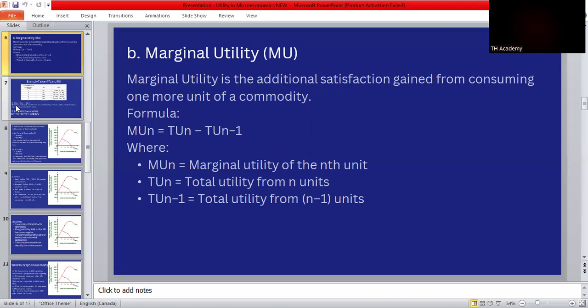We can calculate it using this formula, that is MUn = TUn - TUn-1, where MUn is the marginal utility of the nth unit and TUn is the total utility from consuming n units. Here TUn-1 is the total utility of consuming n-1 units. So in simple terms, marginal utility tells us how much extra happiness one more unit brings.